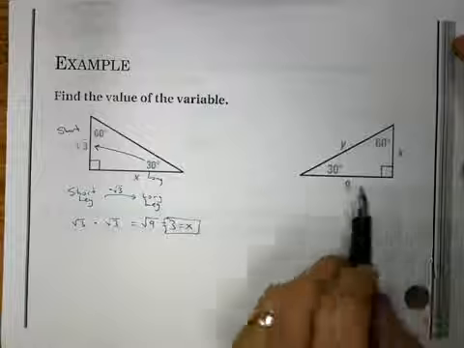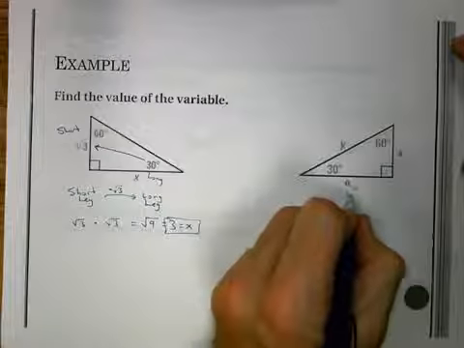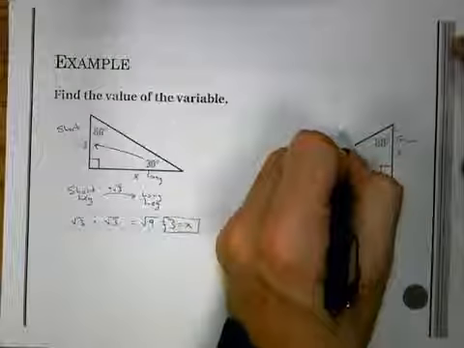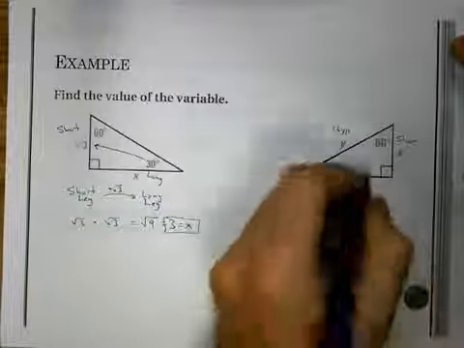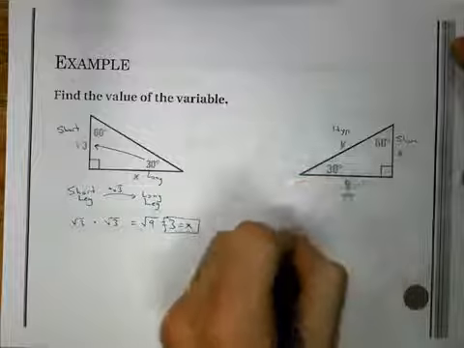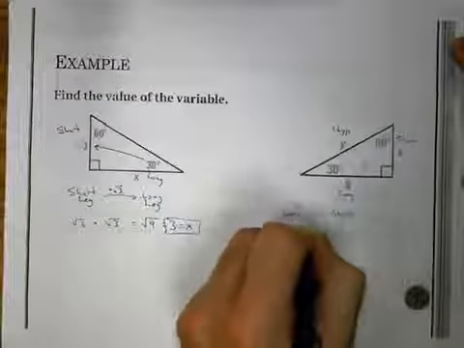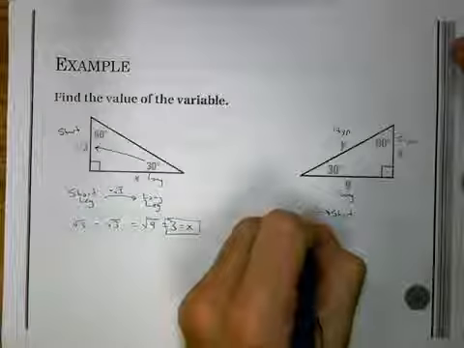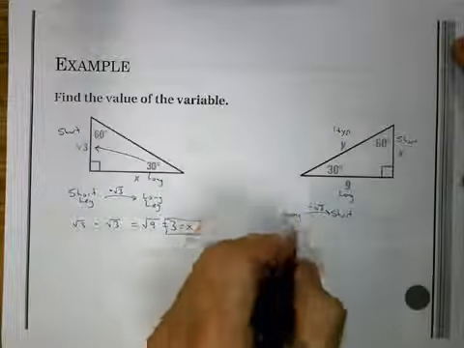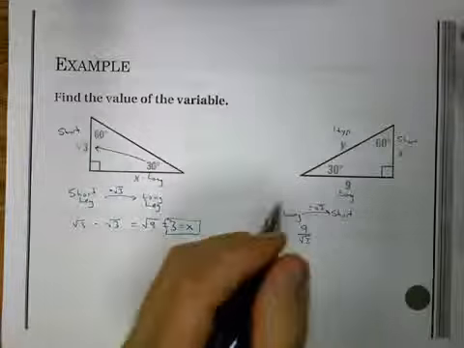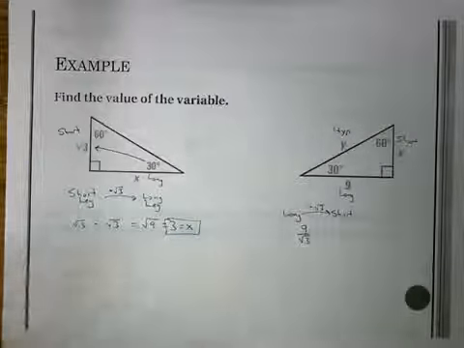Look at our next one. Okay, well, I'm at the long leg. I need the short, and I need the hypotenuse. Well, we can only go from long to short first. So if I go from long to short leg, I'm going to divide by root 3. So 9 over root 3. Now this is where we have to simplify it because we can't leave it as a radical.